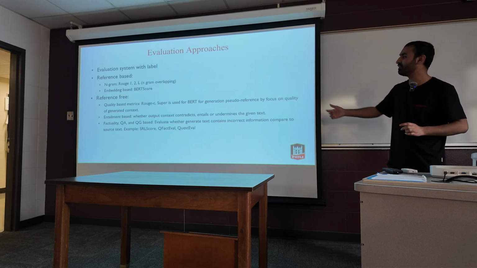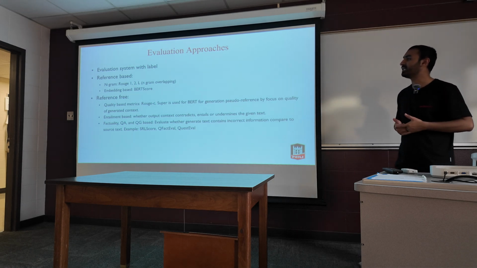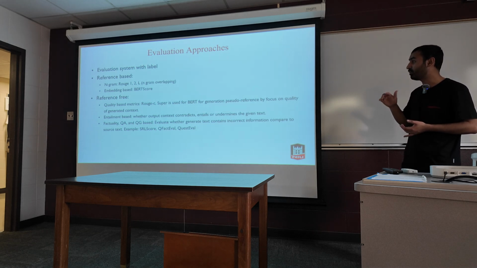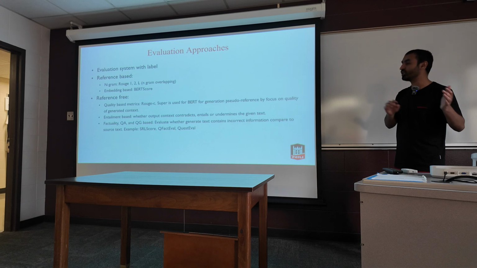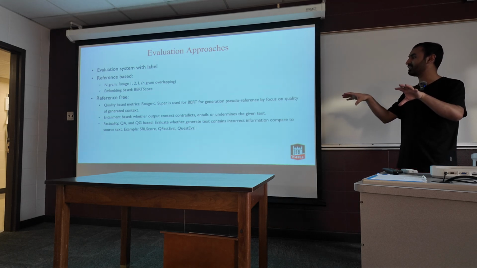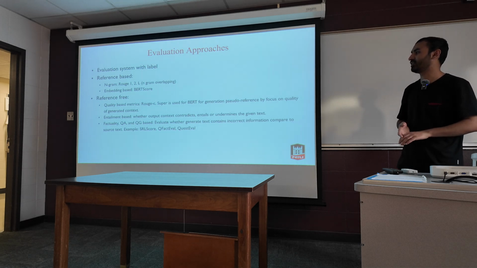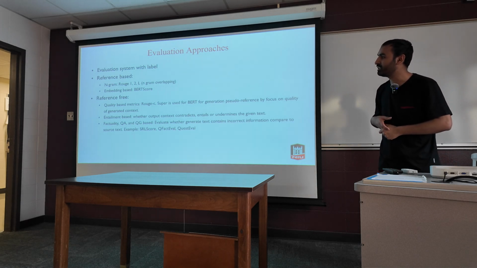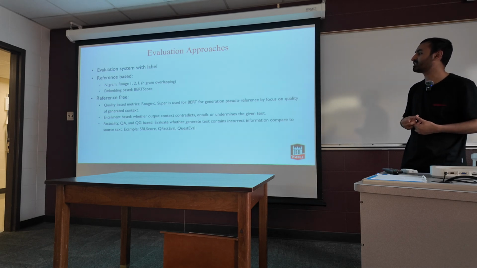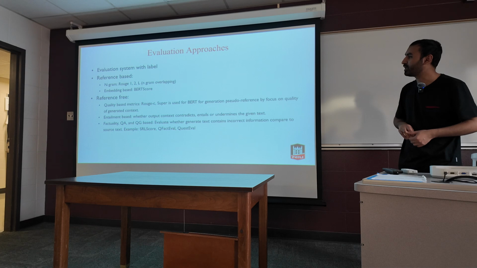The given text can be any information, or we can use an LLM to generate more contradictory information, and we can measure whether the output information contradicts it or not. And we can measure factuality, QA, QG based, evaluating whether generated text contains inconsistent information compared to source text.